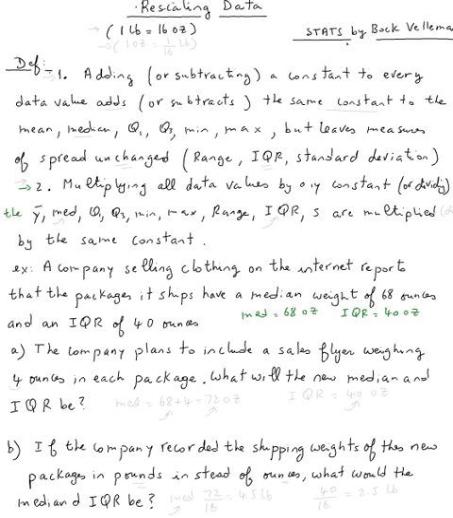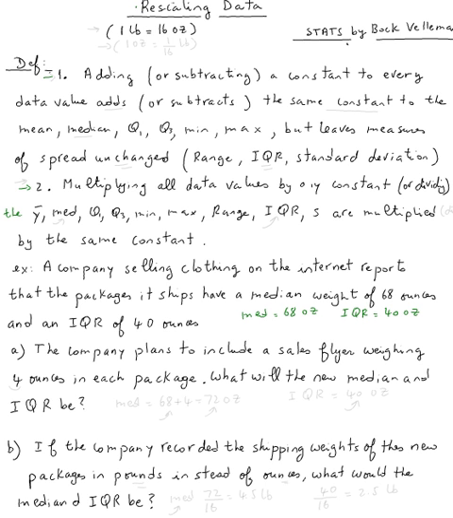Okay, now let's do A. The company plans to include a sales flyer weighing 4 ounces in each package. So we're going to add 4 ounces into each bag. What will the new median and IQR be?